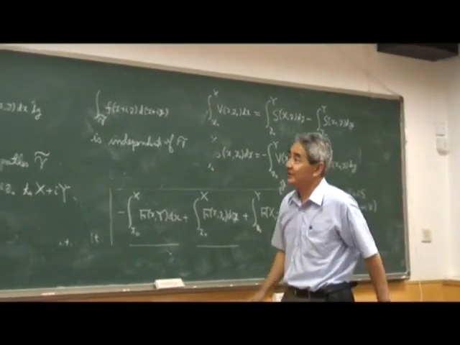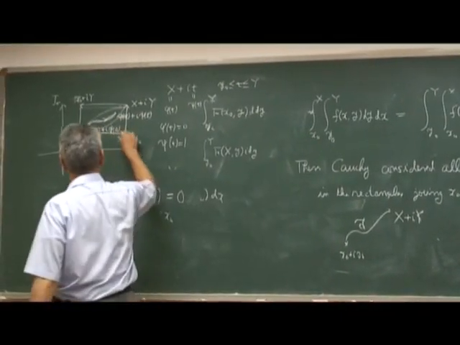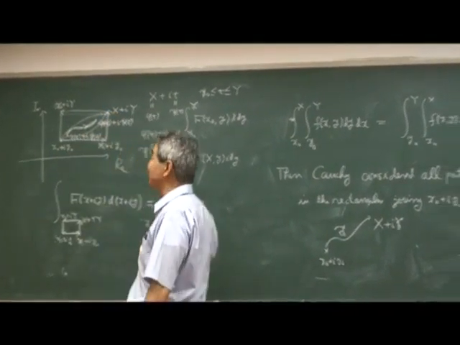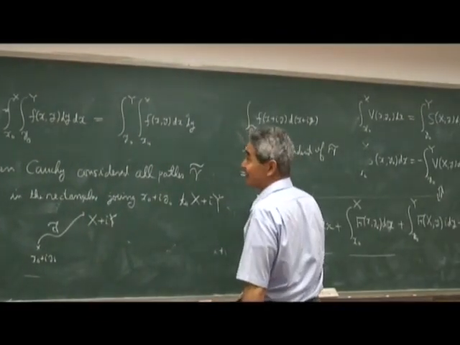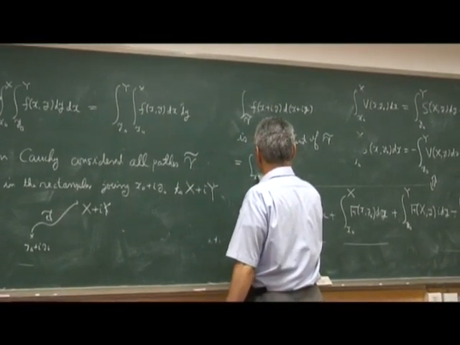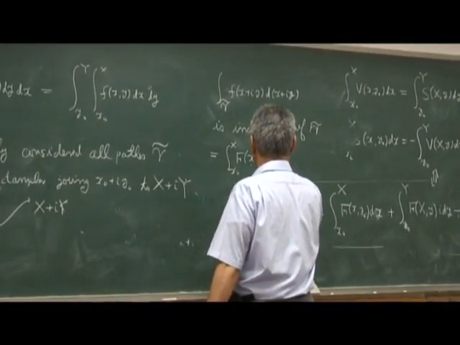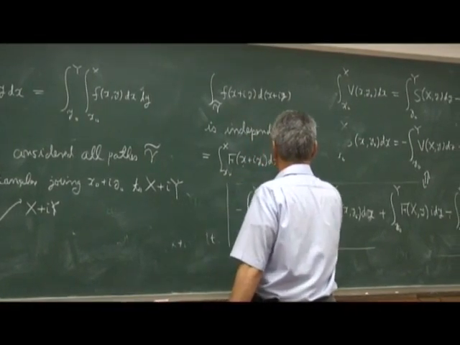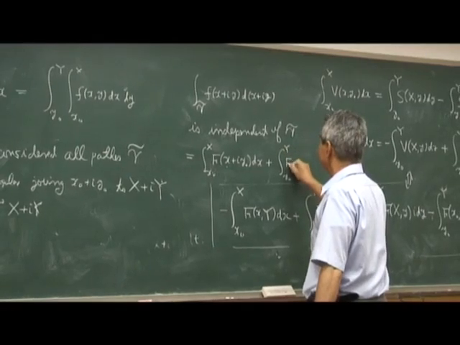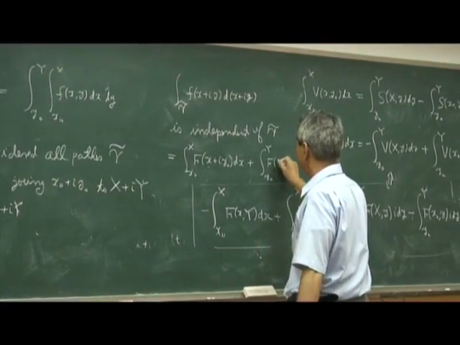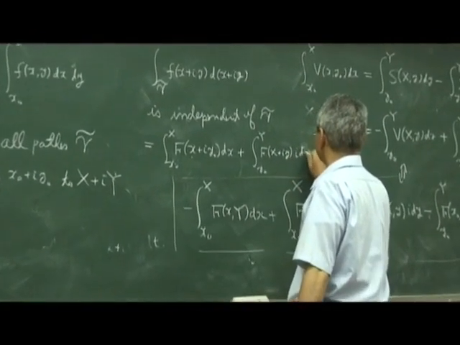Actually, therefore, you can show that, for example, this gives you the integral here. This is one path. So this value is actually the same as the integral from x0 to x of f(x plus iy0) dx plus the integral from y0 to y of f(x plus iy) i dy.